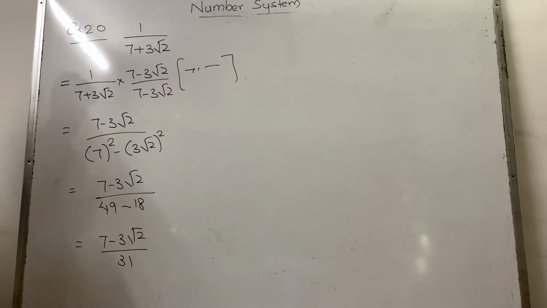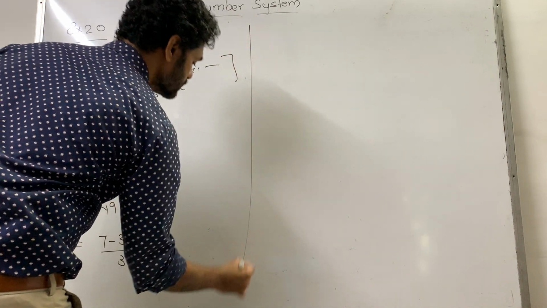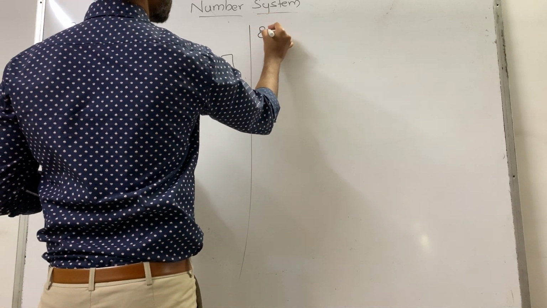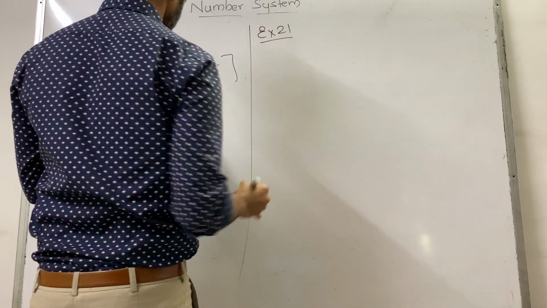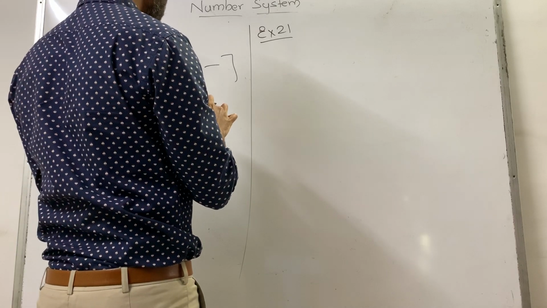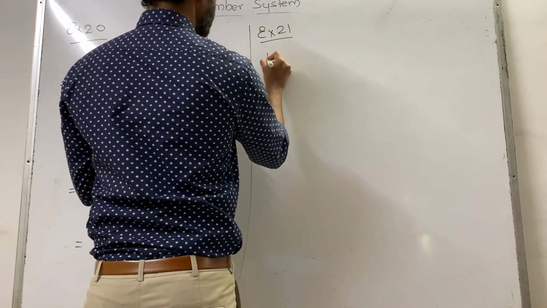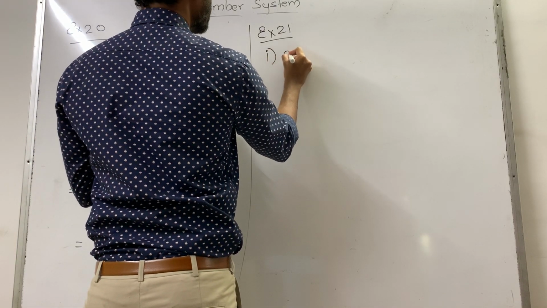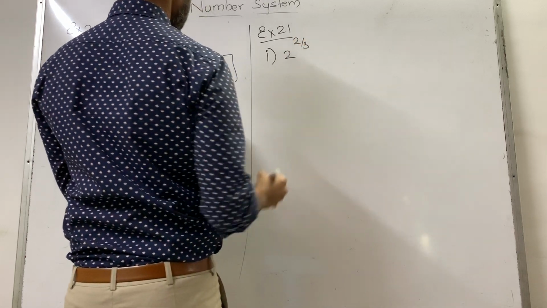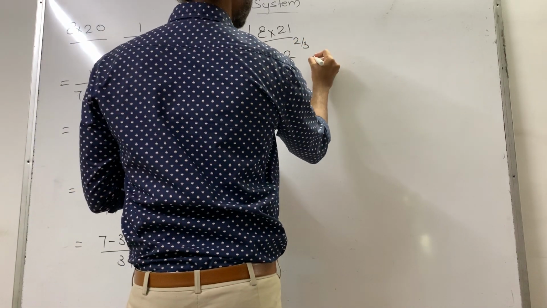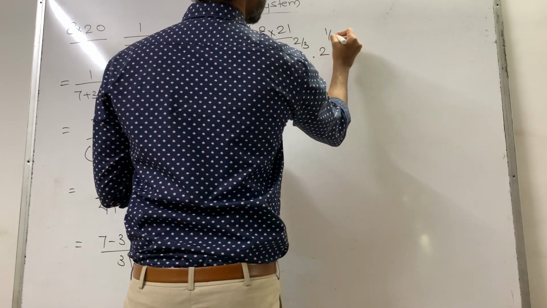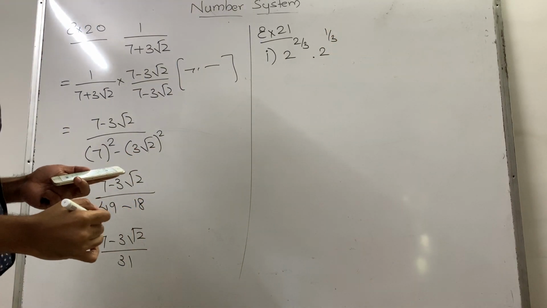Now we will be taking example 21. Again we have to simplify. The first question is 2 to the power 2 by 3 into 2 raised to 1 by 3.